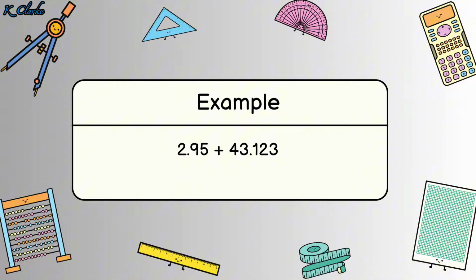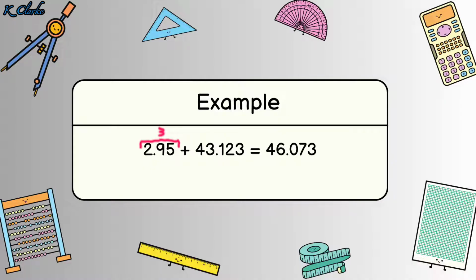Example: 2.95 plus 43.123 equals 46.073. The first value has 3 significant figures, while the second value has 5 significant figures.